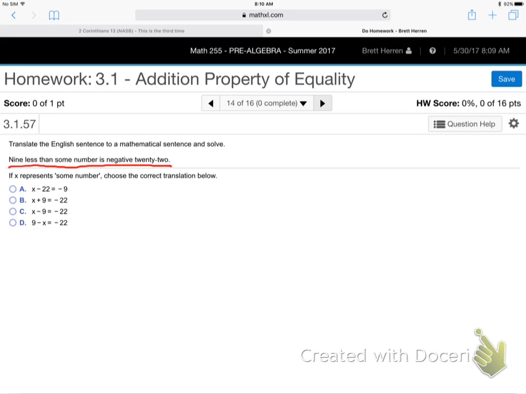Give you a second. Don't say it out loud. Give everybody a chance to think about that. Which of those is it?